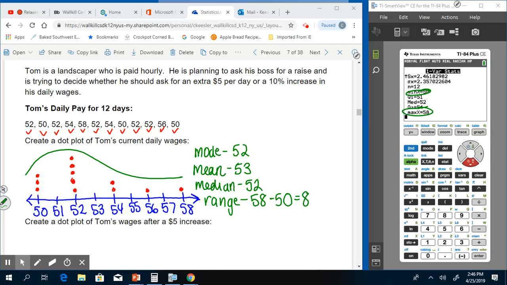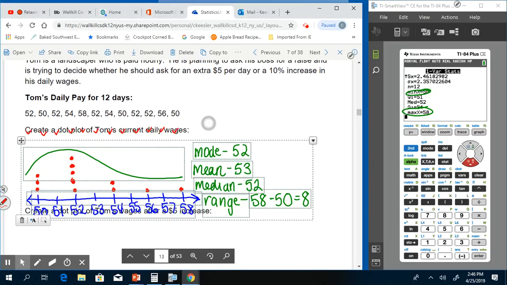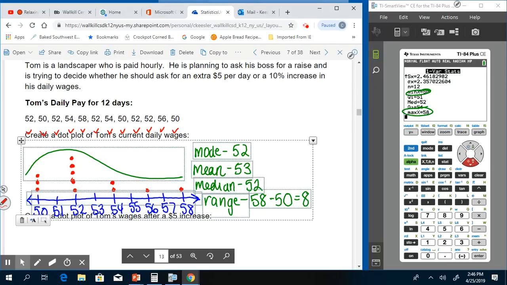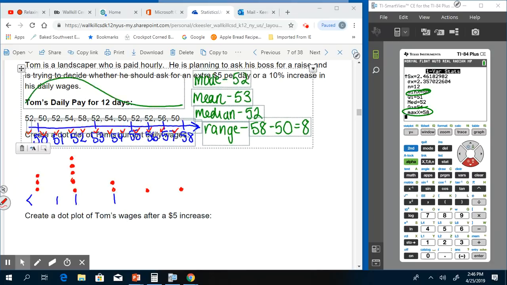All right, so now we're going to make a dot plot of Tom's wages after a $5 increase. So I was hoping that I could just shift all of this up. Let's see if this will work. Nope, not going to work. Oh, wait, right here. There we go.